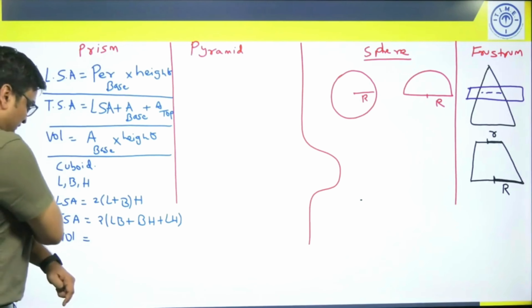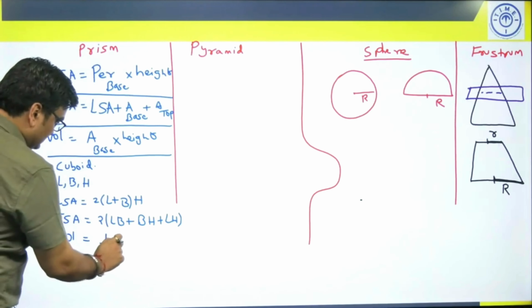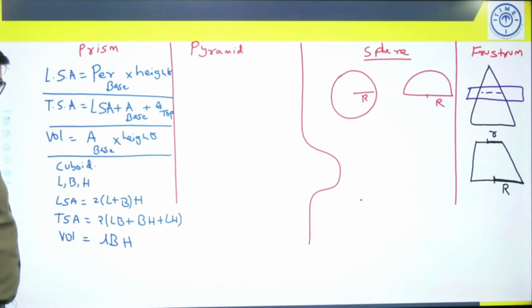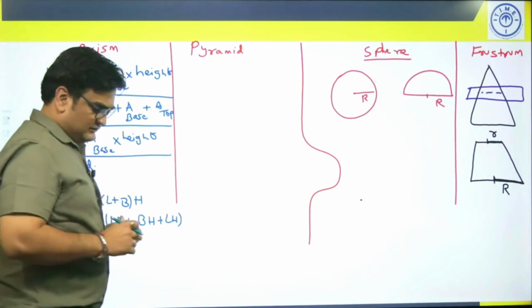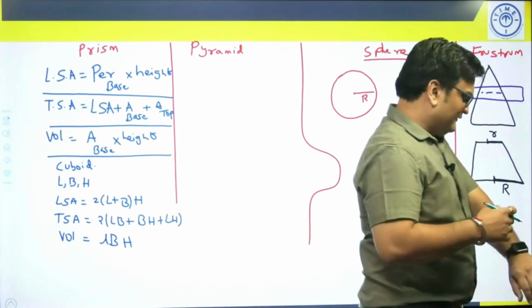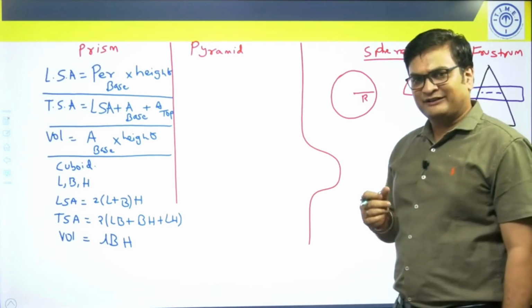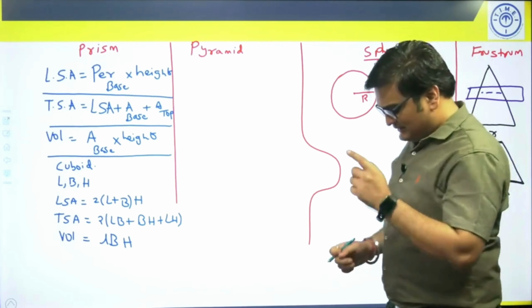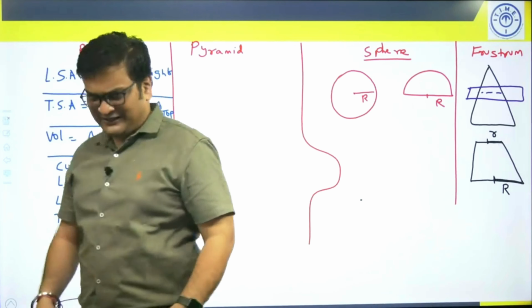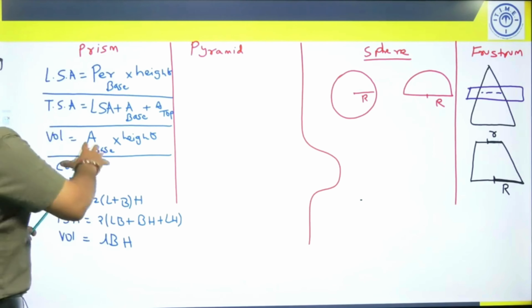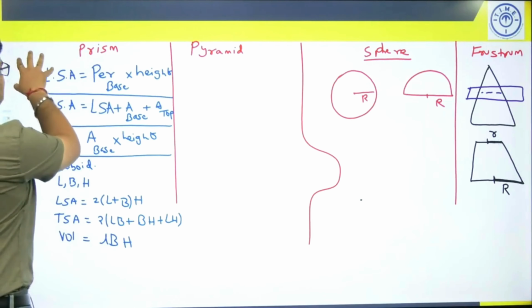Volume will be given as area of the base, L into B, into height, LBH. So, these are the three commonly asked formulae that we have in case of this prism, in case of this cuboid. Now, besides these three, there are few other things that we have in a cuboid, which I will write here. Please note this down.